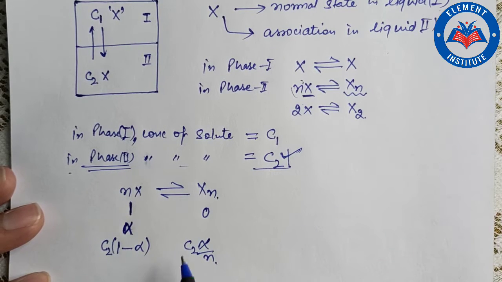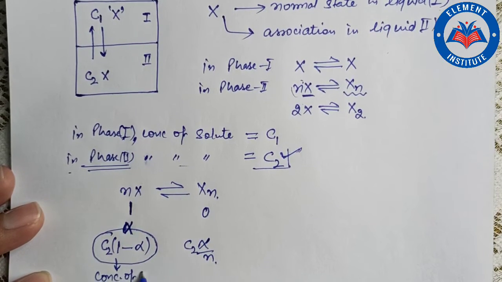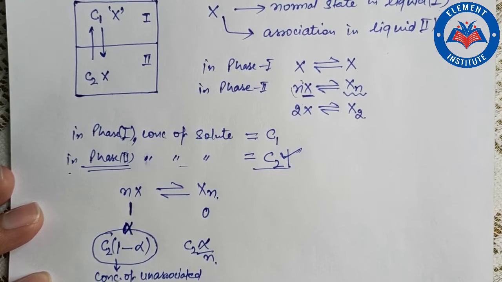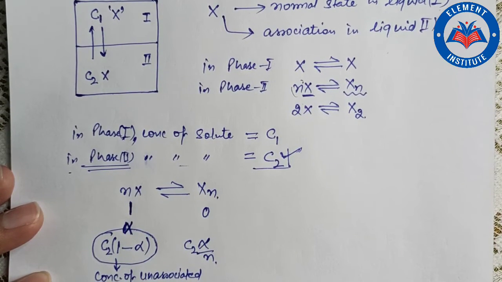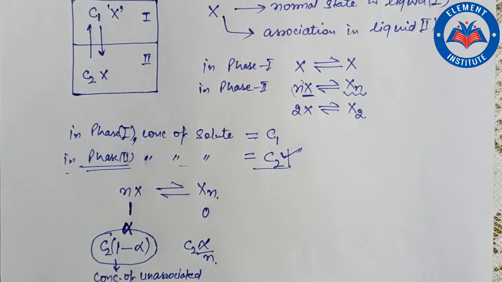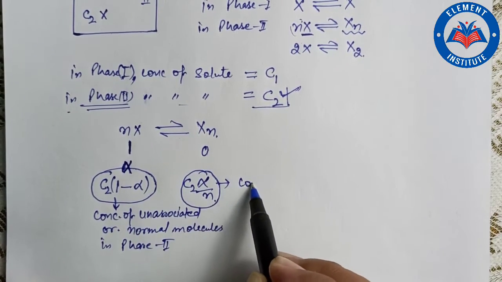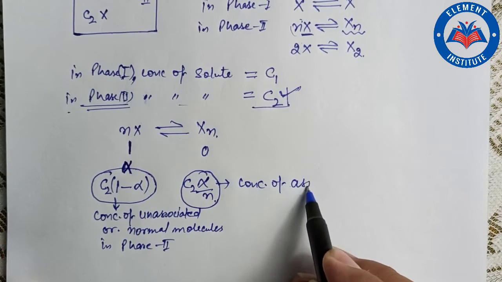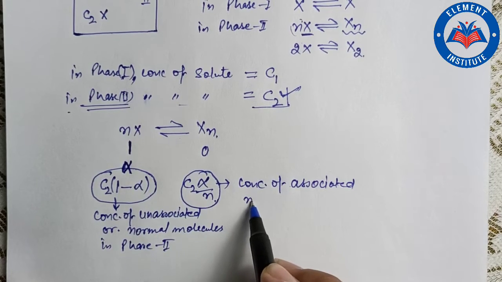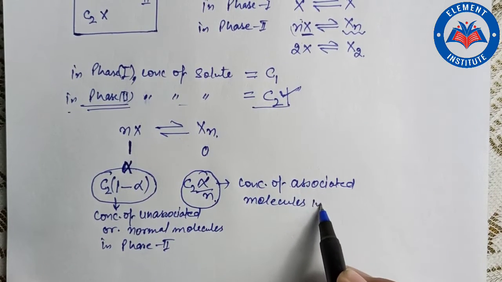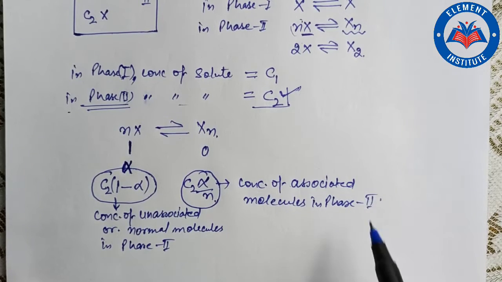So this would be the concentration of unassociated, or you can say the normal molecules in phase 2, and this would be the concentration of associated molecules in phase 2.